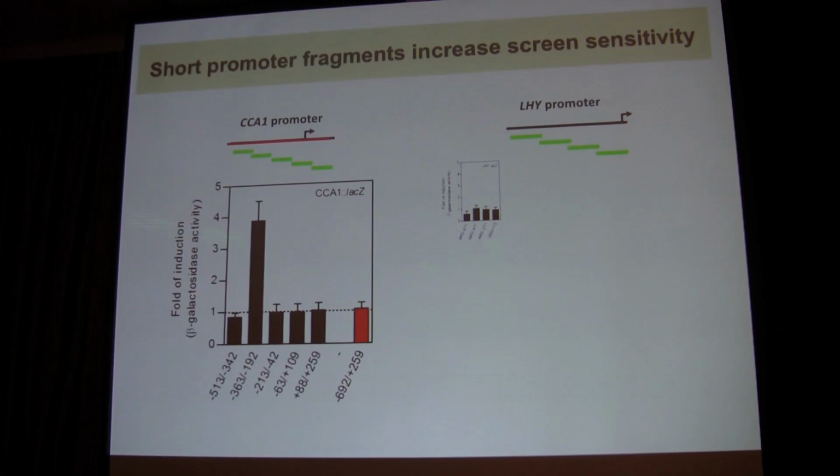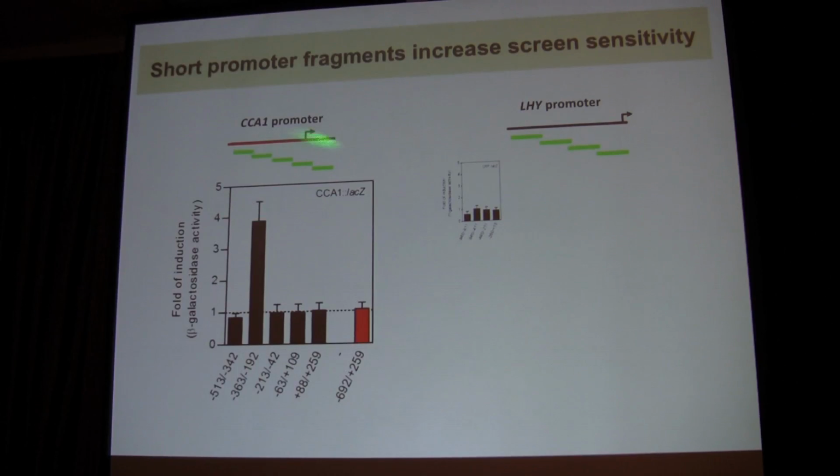One of the things that we envisioned when we started doing these screens was that plant promoters were going to be too long to be fully functional in yeast. This is why we decided to use shorter fragments encompassing the whole promoter region to perform the screens. For example, for the CC1 promoter here, we performed the screen with 5 different promoter fragments, okay?